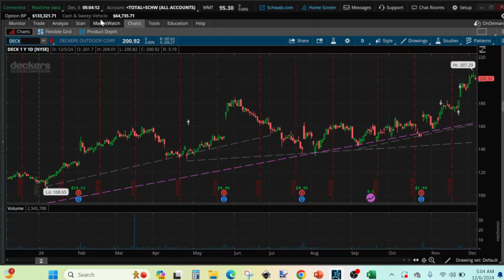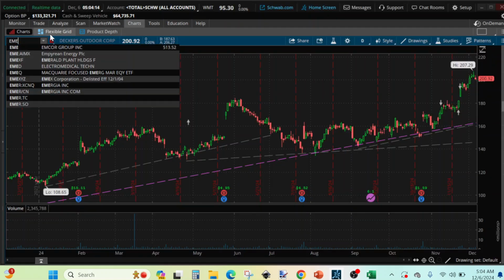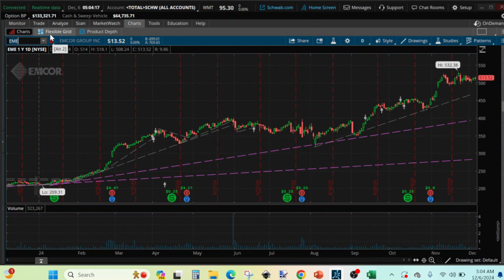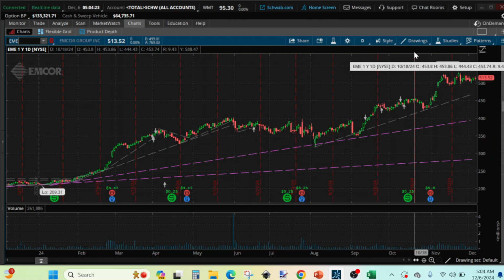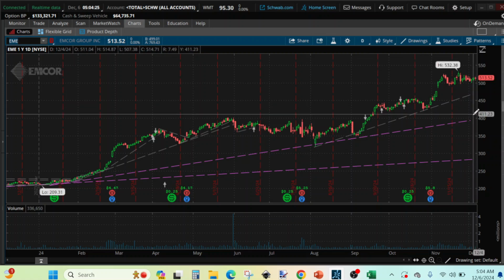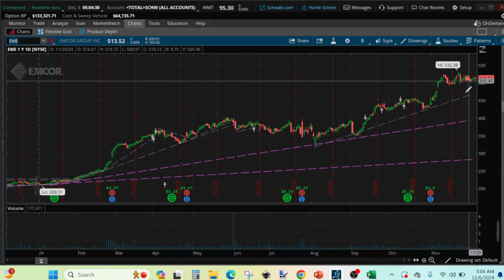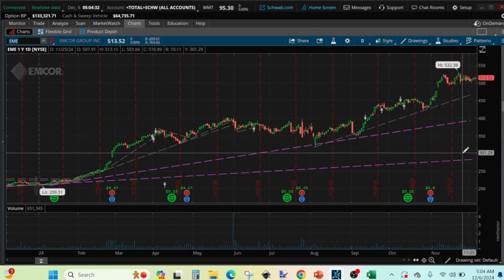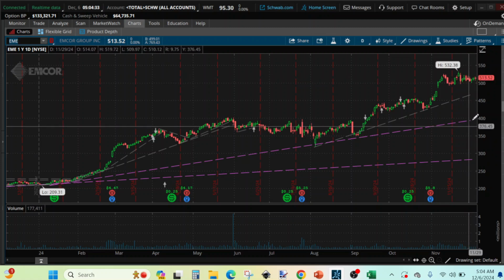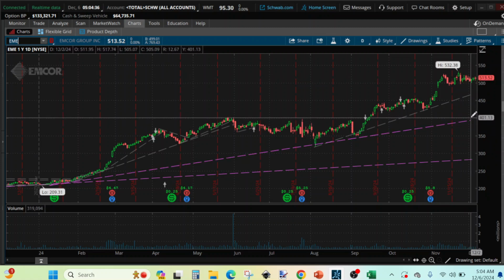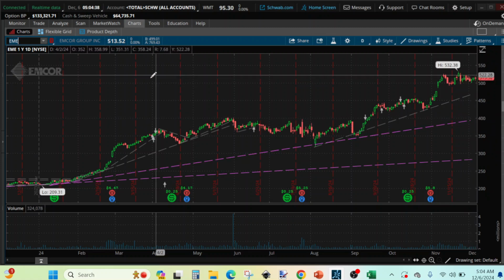The ones that are highlighted are the ones that we don't have in our portfolio, and the ones with asterisks are the ones that we are tracking. We are analyzing the chart for whether we bought it already or not. We'll analyze them on a daily basis as well. So this stock EME is still up here, even though it pulled back yesterday, but we will wait. When we reach this line, we will buy.